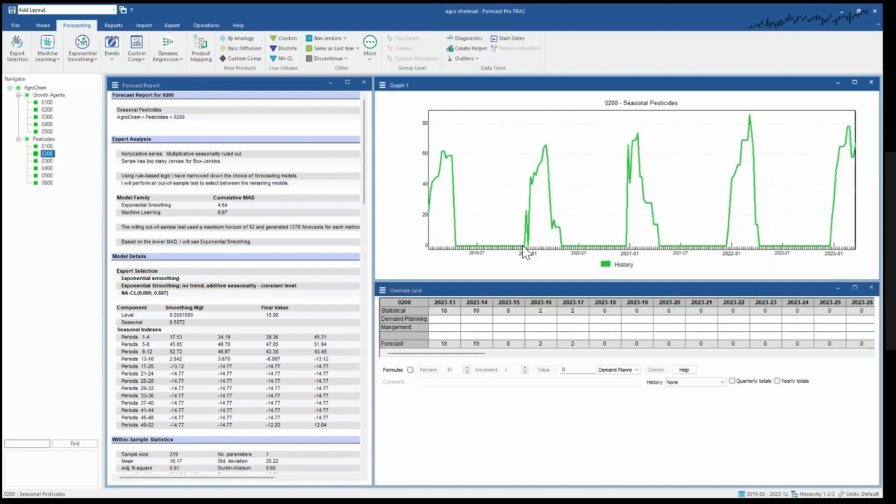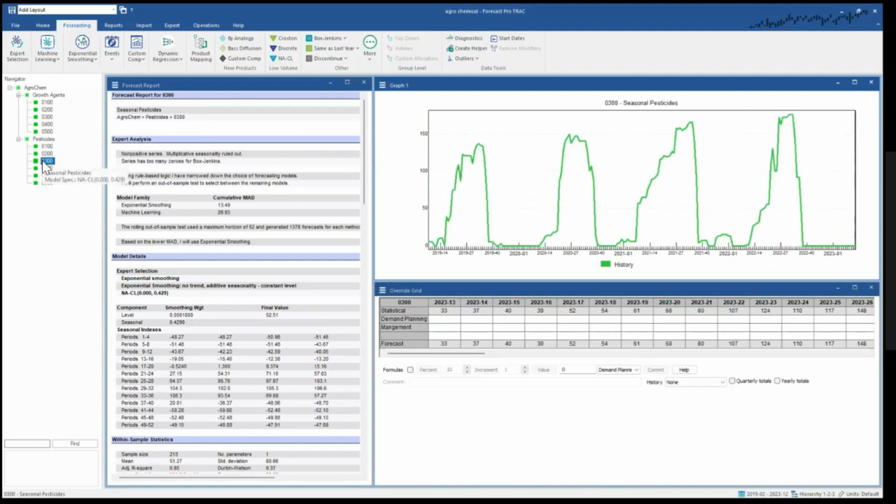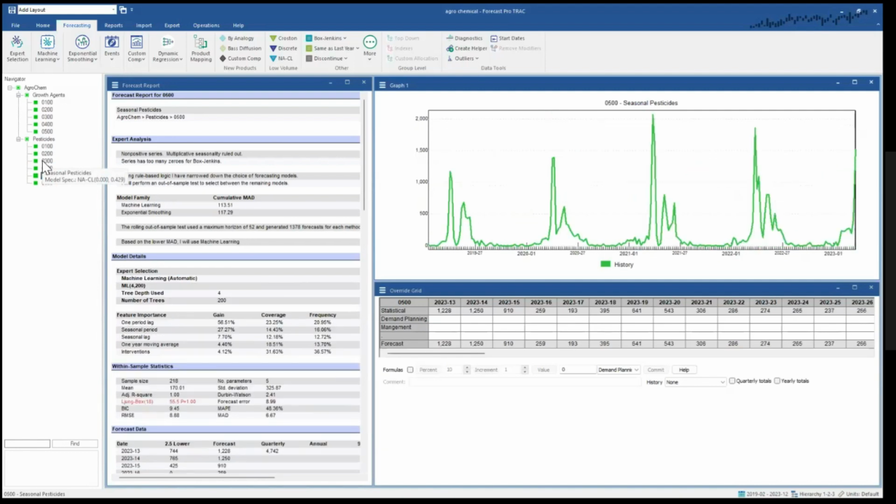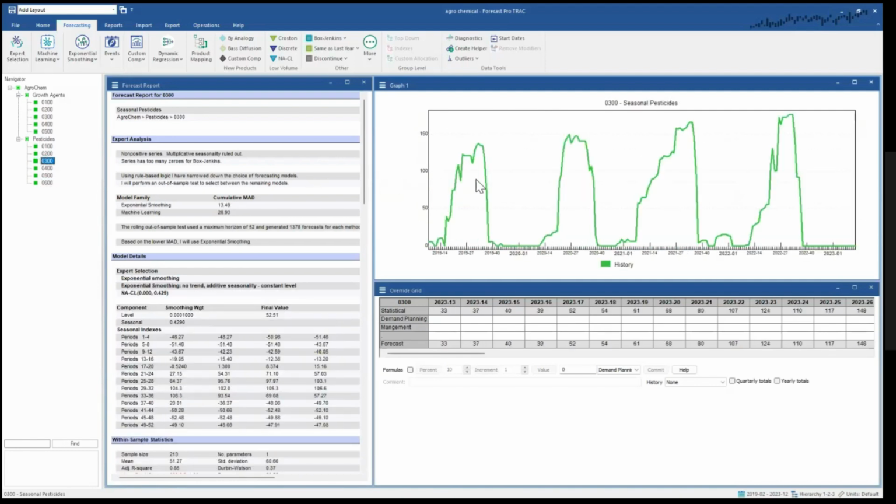So yes, there's a selling season, but the exact timing of it is not really known. And so these pesticides, you can get a feel for what they look like. Very seasonal, but certain times of the year where you sell a lot, others where you might not sell much at all. Okay, I'm going to turn on the forecast for this.